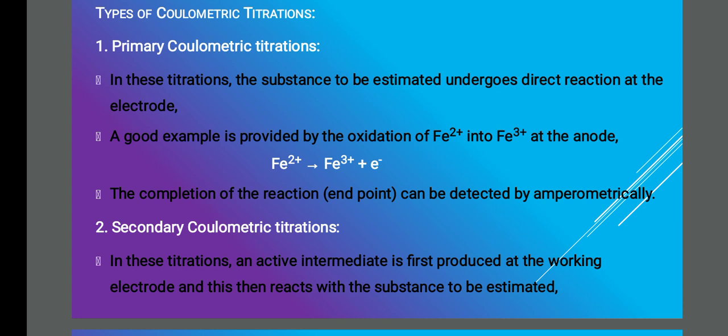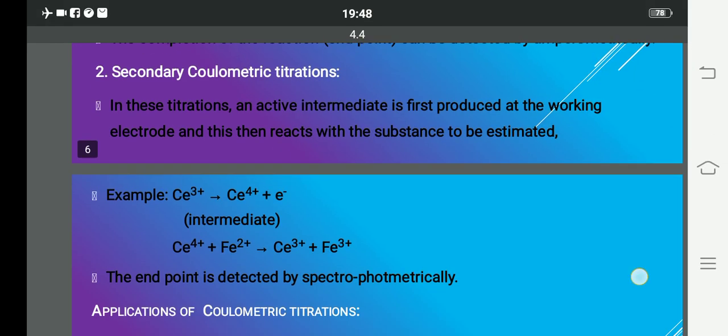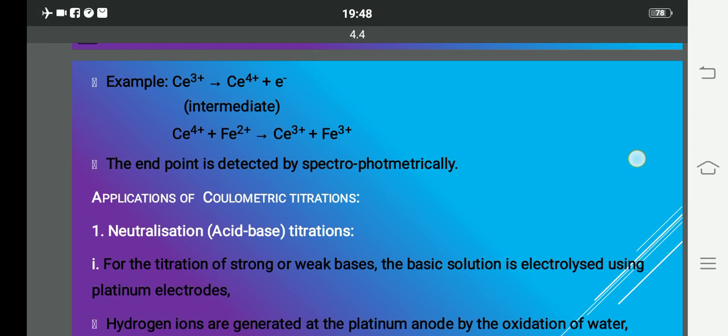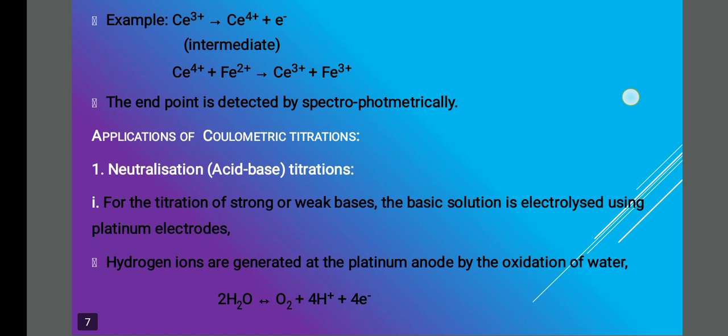So secondary coulometric titration is one in which an active intermediate is first produced at the working electrode. Then this combines with the substance to be estimated, that is the substance we need to estimate. A good example here is Ce3+ gives you Ce4+ plus electron, cerous ion gives you ceric ion, and this Ce4+ is an intermediate.